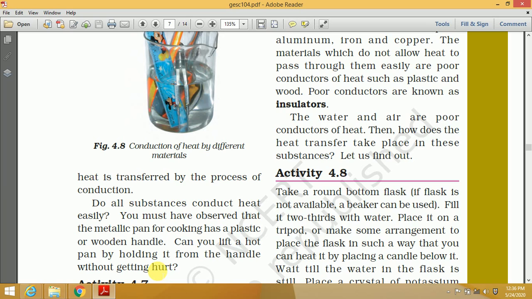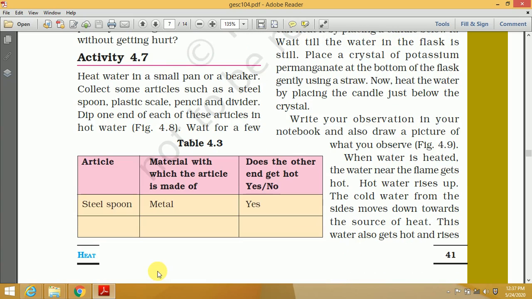So the reason why the handles of the cooking pans are always made up of plastic or wood, because the heat will not get transferred to the plastic or to the wood. So that is why we can easily lift any hot pan without getting hurt if the handles are made up of plastic or wood.